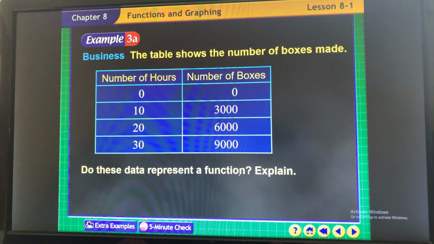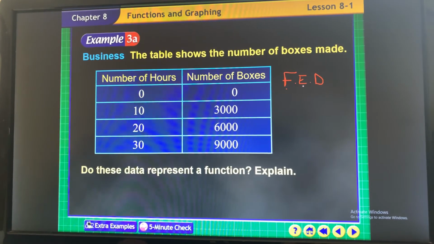Does this data represent a function in this? Yes. So this is what's called your FED. So is it a function, yes or no? Explain to me why you're saying it's a function, and then describe what's happening. So this is your F and E, and the next slide will say D. So is it a function? Yes. Explain.